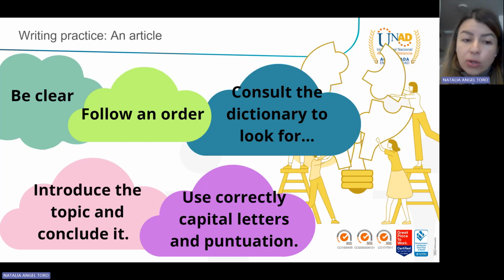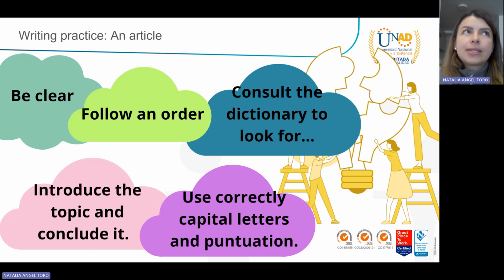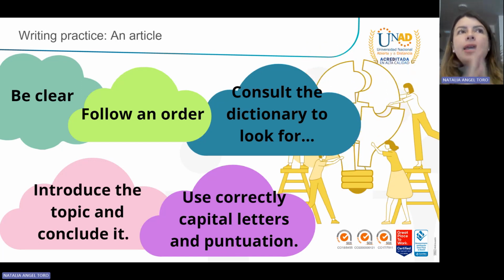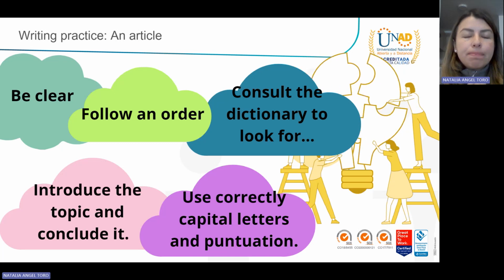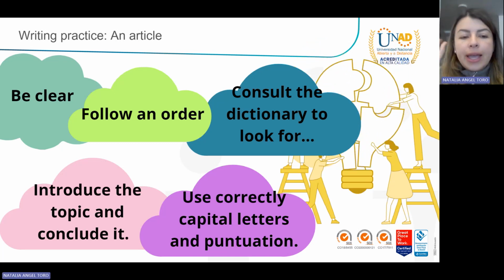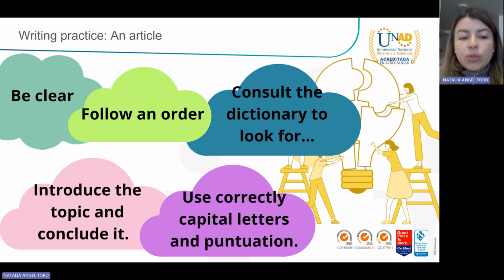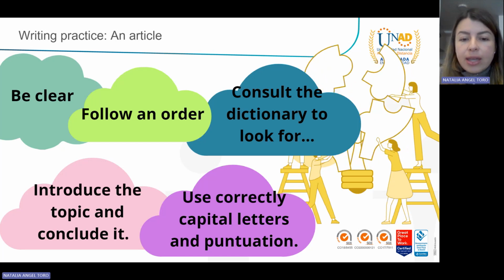Introducing the topic and concluding it is really important. The introduction is the main part where the reader is captured or not. So that's why it's really important to introduce the topic in a good way.